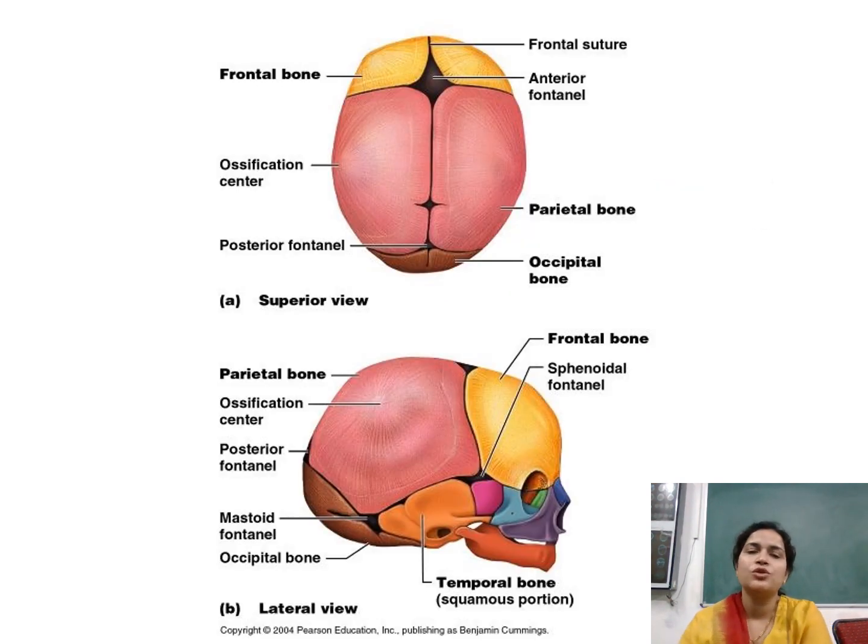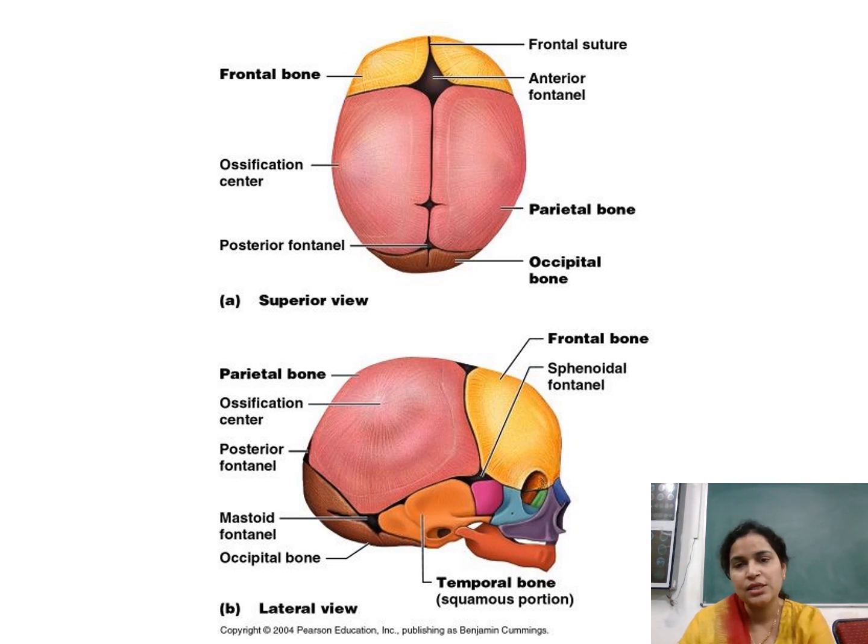Now what is the importance of the fontanelles? Ossification of the parietal bone starts at the parietal tuberosity, and like spokes of a wheel it radiates in a centrifugal direction, so the margins of the parietal bone get ossified first, leaving a gap at the four angles of the parietal bones.